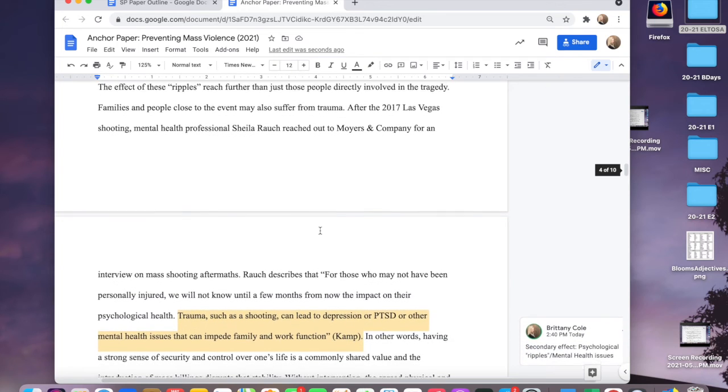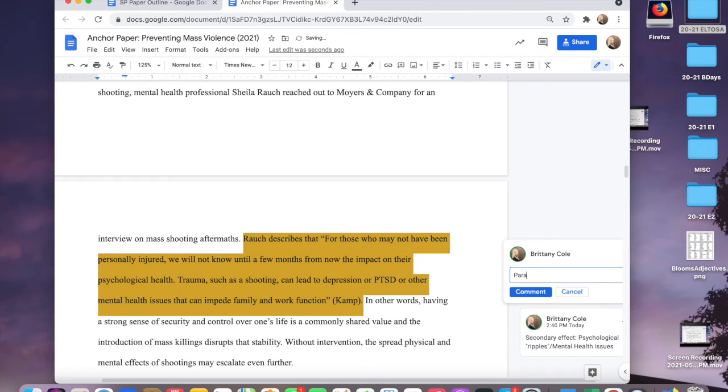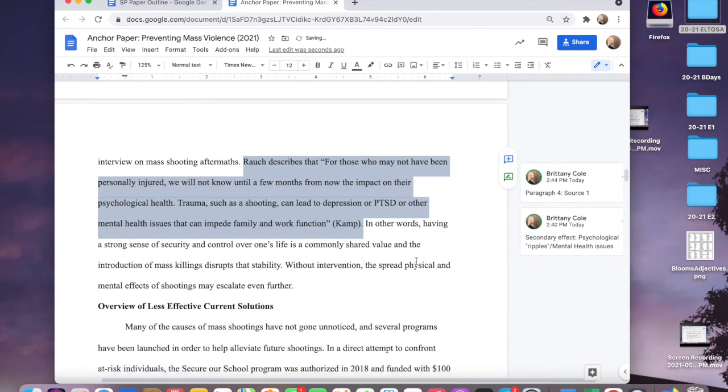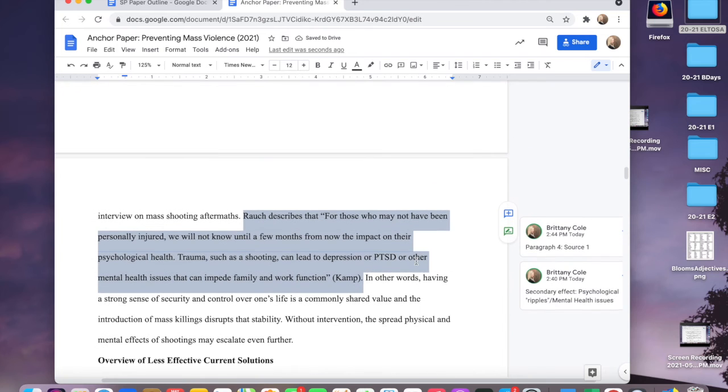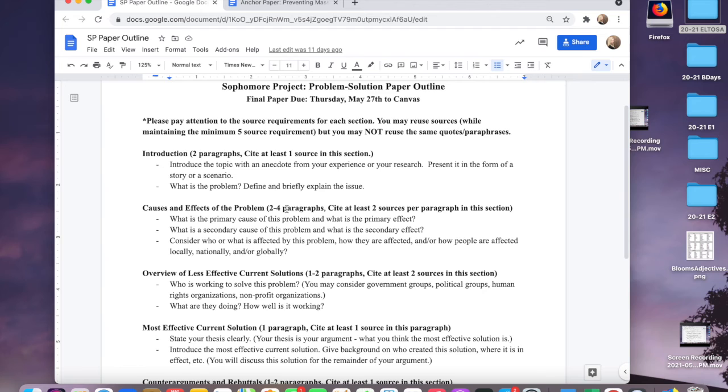And so it looks like the Moyers and Company, that part is moving forward about the trauma. That is another source. So this is paragraph 4, source 1. So, and that is it. So the student has cited one source per paragraph.